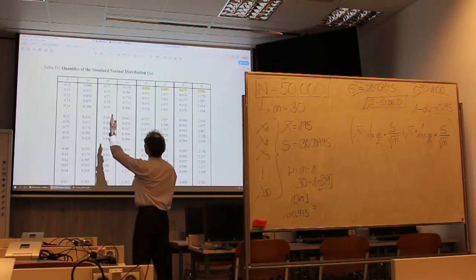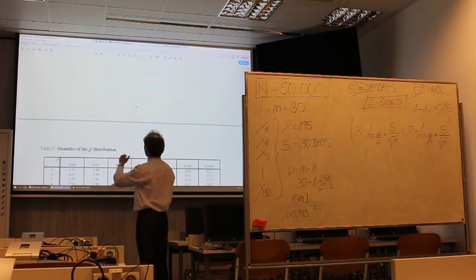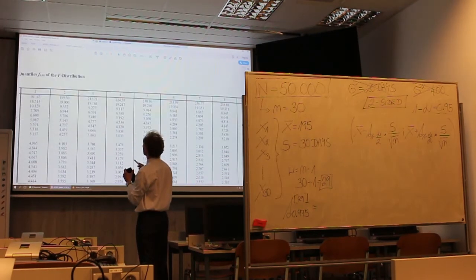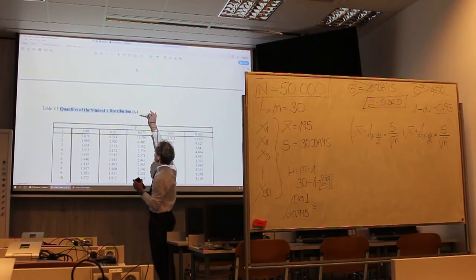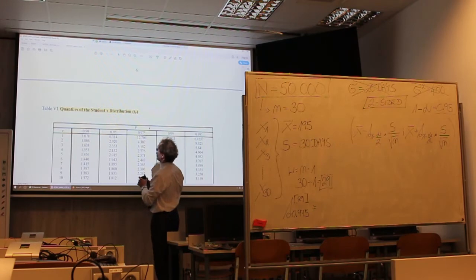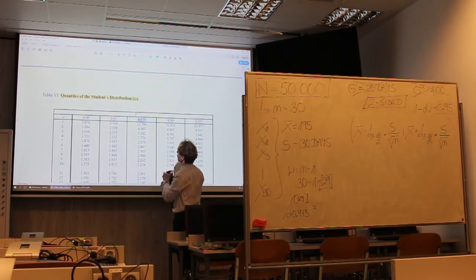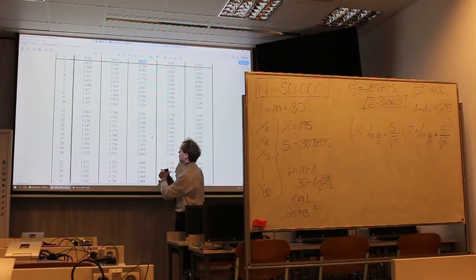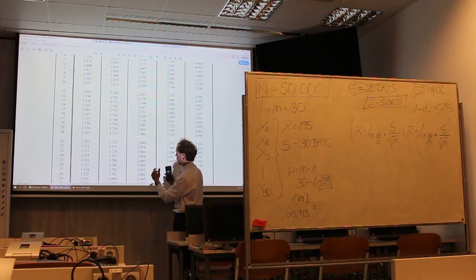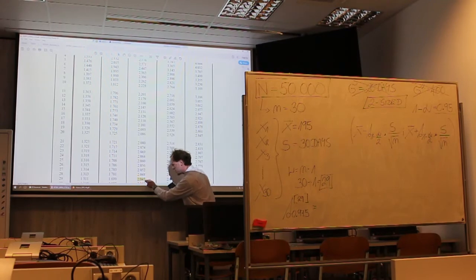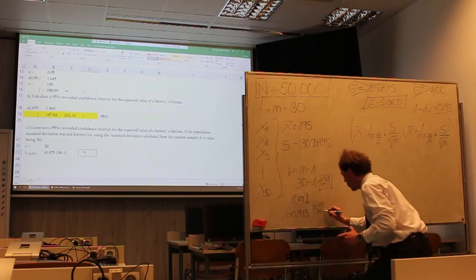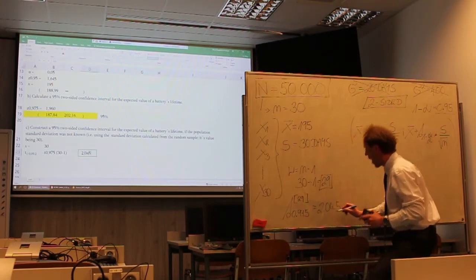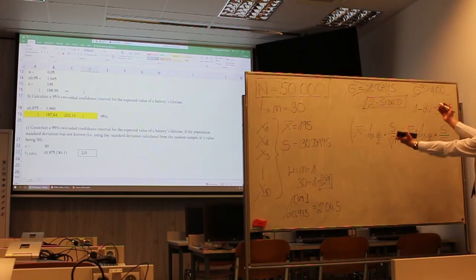In tables, we'll find the table for student t distribution, table 6, quantiles of the student distribution, p-value 0.975 in the middle, and we are searching for 29 degrees of freedom: 2.045. Yes, quantile.